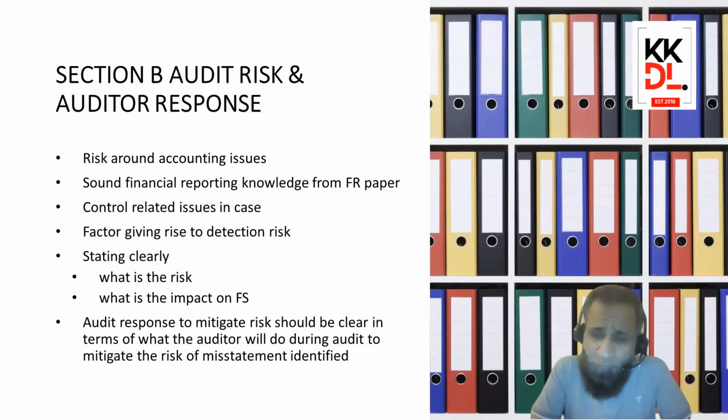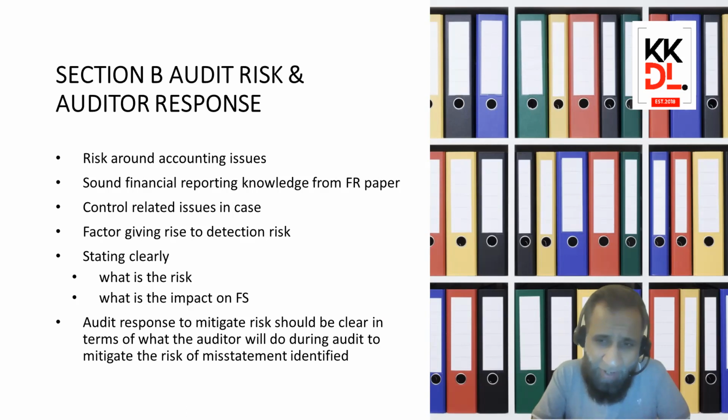When you read the scenario for audit risk, the risk around accounting issues, you will find lots of risk around intangible assets or development cost, research, property, plant and equipment, depreciation, bad debts, etc. Risk around accounting issues, risk around wrong accounting treatment, because the examiner is trying to test your accounting knowledge, which you have brought forward from your FR paper.